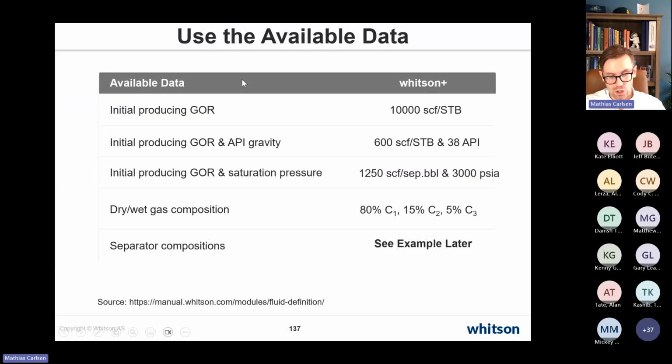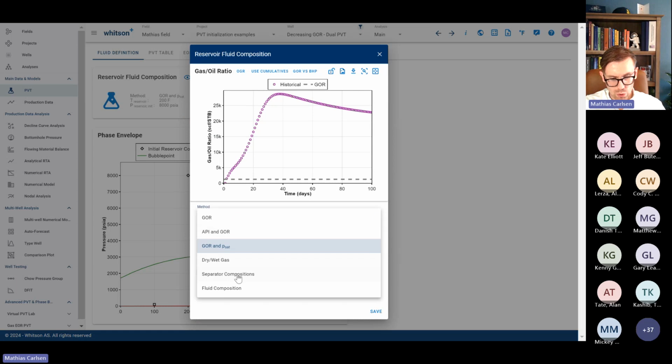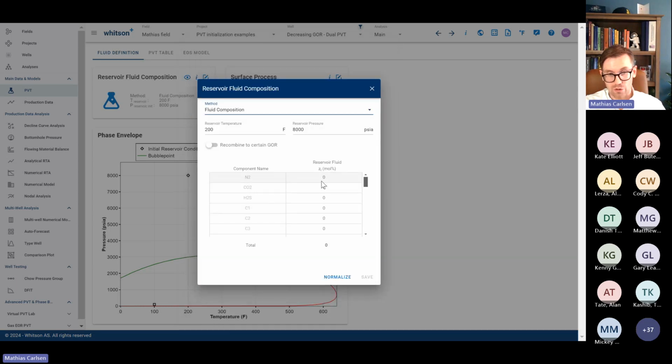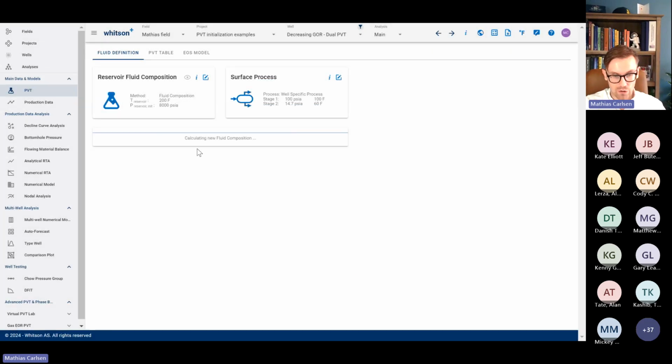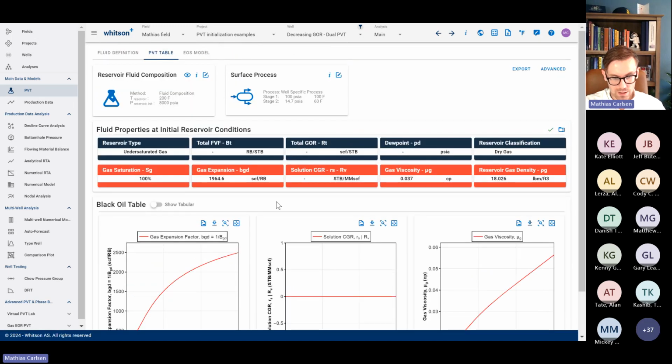And if I also show you just an example, if I have a dry or wet gas composition, I could either use the so-called fluid composition method, and then I can just input those values directly. That can be like 80, 15, and 5, I think were the numbers. This would obviously be a dry gas, no two-phase envelope, and this is my dry gas table.